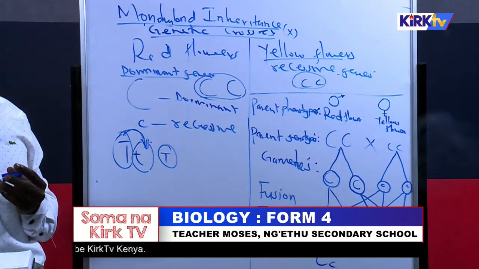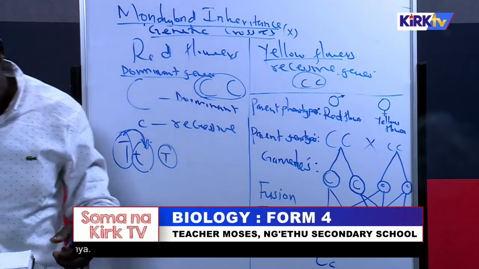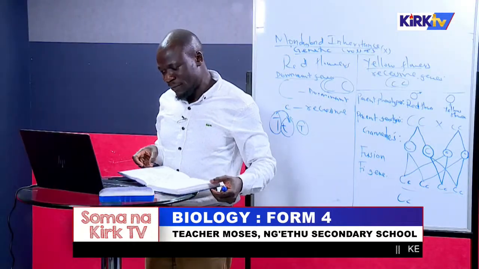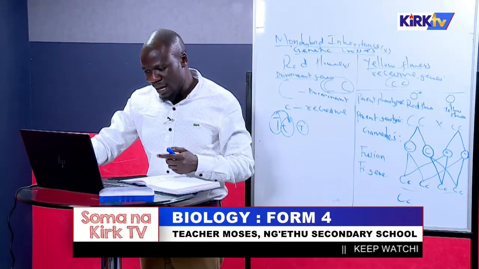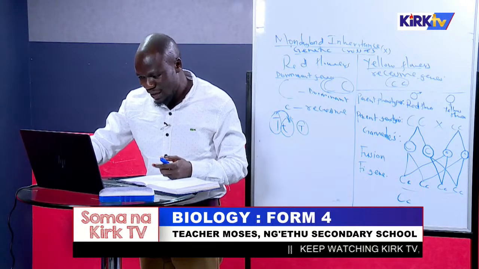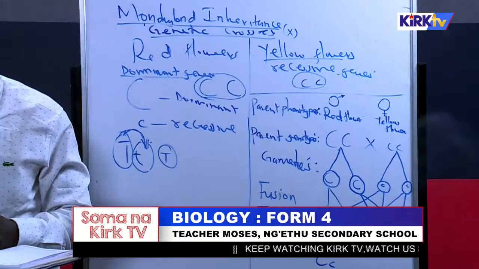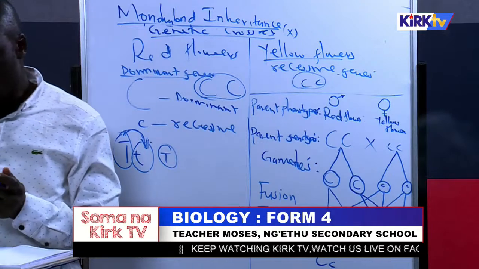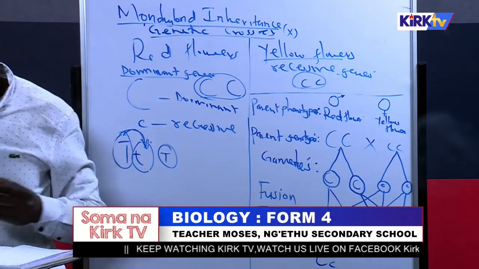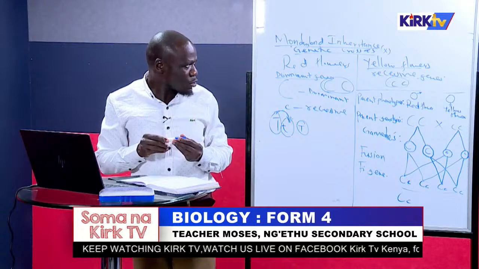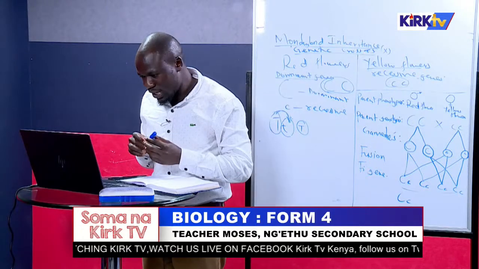I've given one example of the genetic crosses. Maybe as a learner, I might give one example you go and try at your own time, so that you'll be able to see whether you can follow what we've learned. But this one, we are using the genetic crosses.